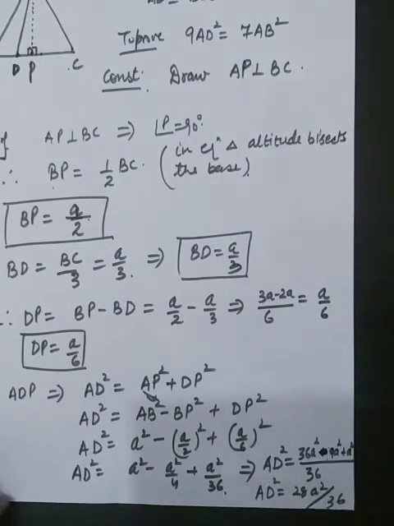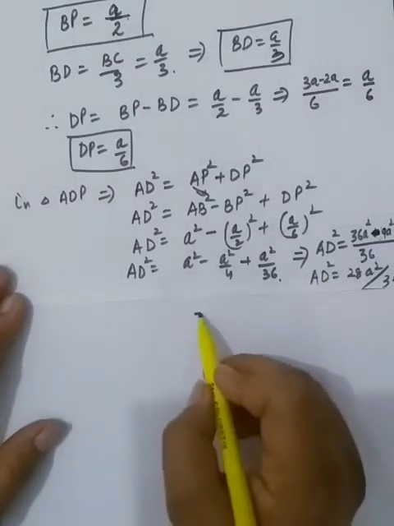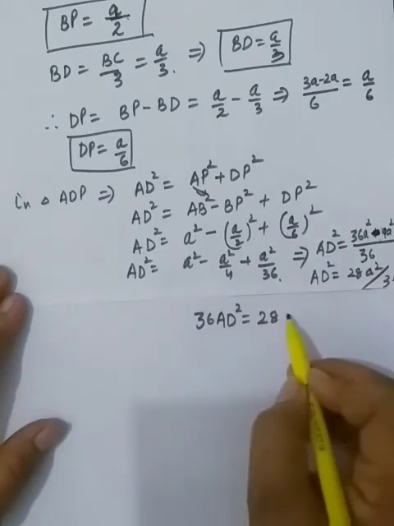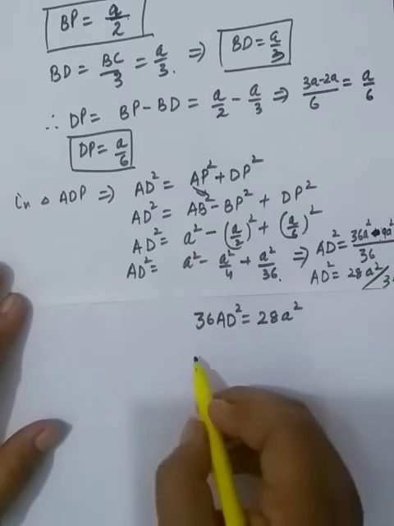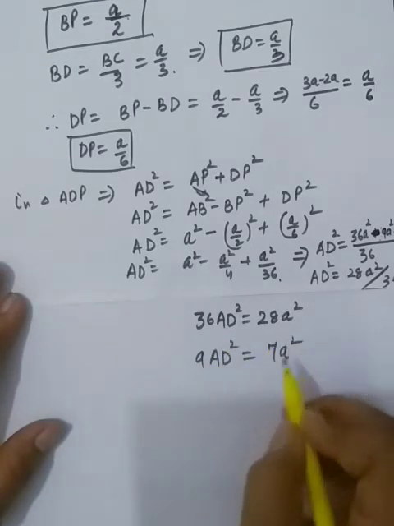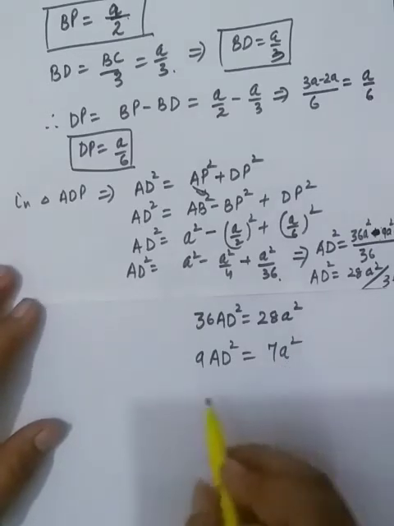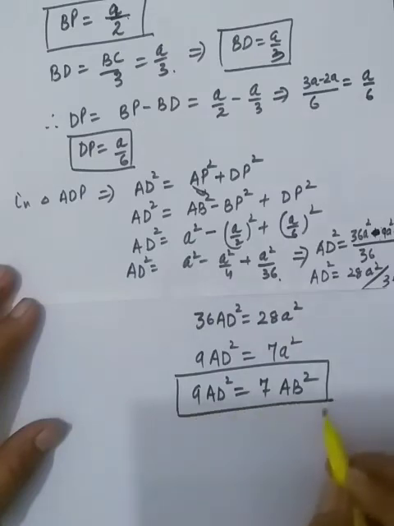On cross multiplication we get 36 AD square is equal to 28A square. Now we can divide both sides by 4. We get 9 AD square is equal to 7A square, and we have assumed that A is equal to AB. So we can write 9 AD square is equal to 7AB square. Hence proved.